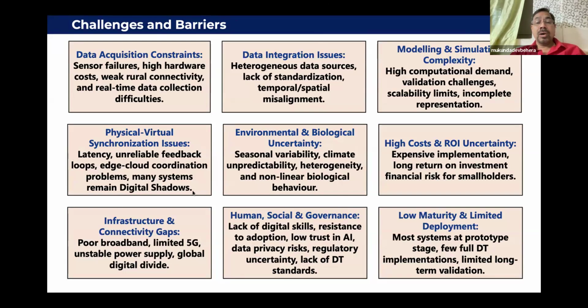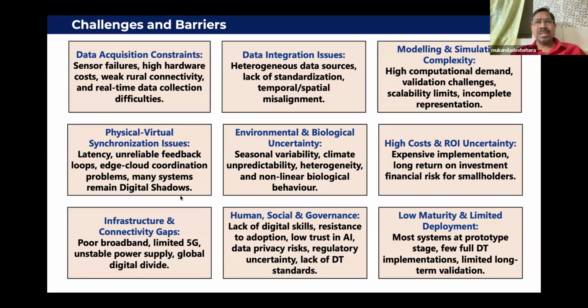We can have various barriers in terms of the environmental and biological uncertainties, high cost and ROI uncertainty in terms of return of investment, infrastructure and connectivity gaps, and more importantly, the human, social, and governance level, where we feel that there is lack of digital skills, resistance to adoption.